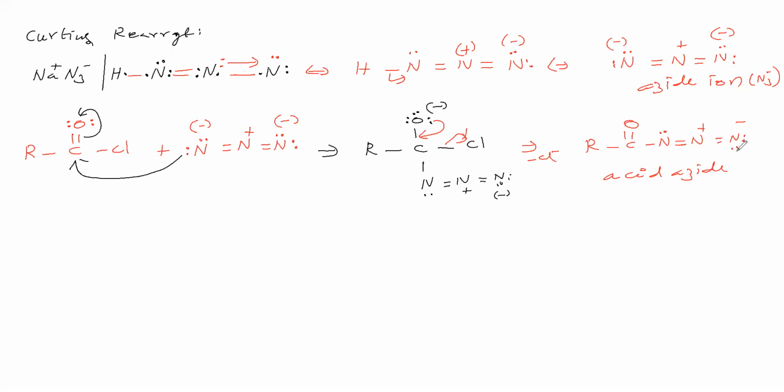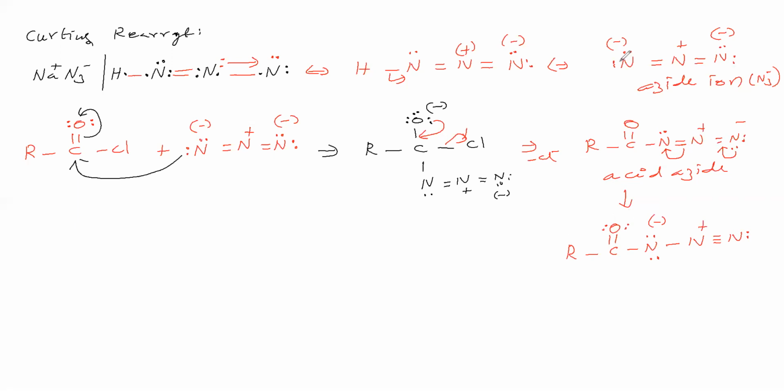Next we will write this one like this. This lone pair is shifting as a pi bond, and this pi bond is shifting here. So we will get R, C double bond O. This N is having 2 lone pairs, so a negative charge, single bond N plus, triple bond N having a lone pair. Like this we have taken.